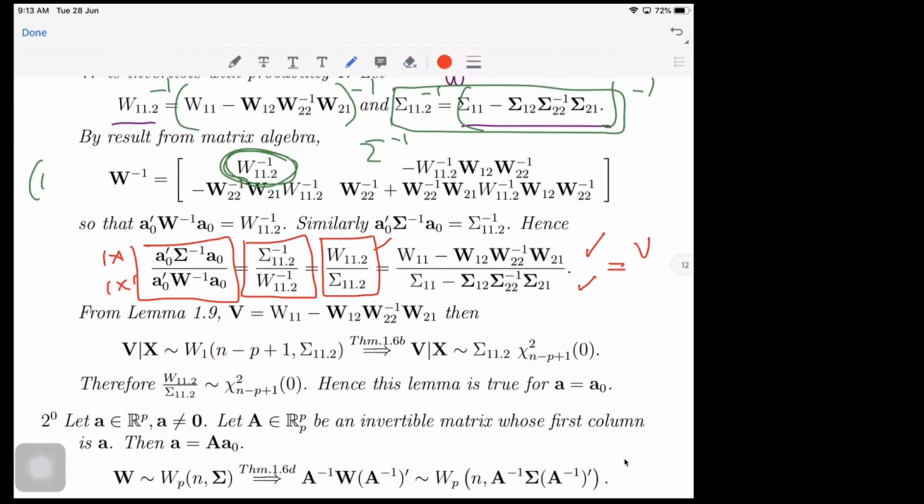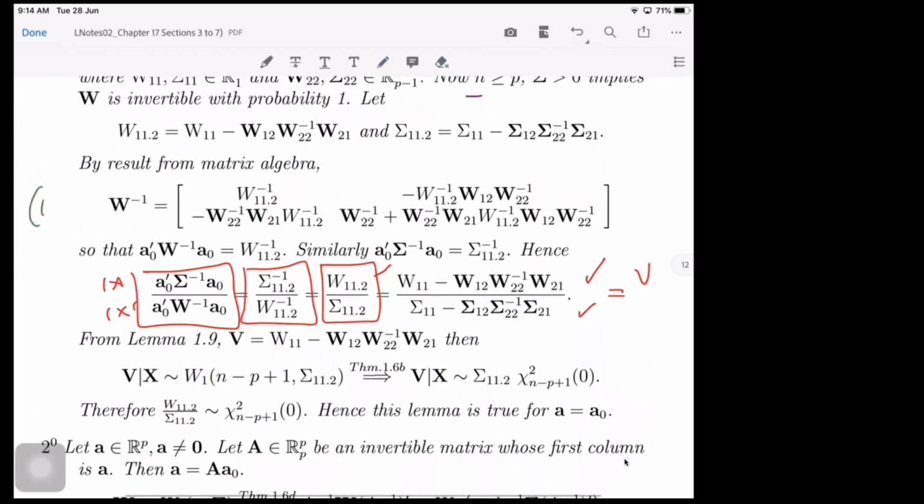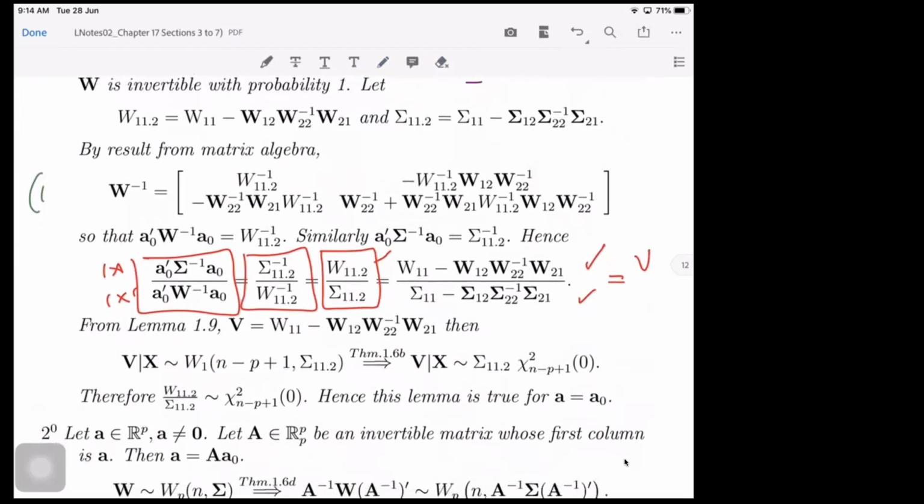So what we obtained is that this one, we know that for A equal to A sub 0, that is just your W11.2 inverse.